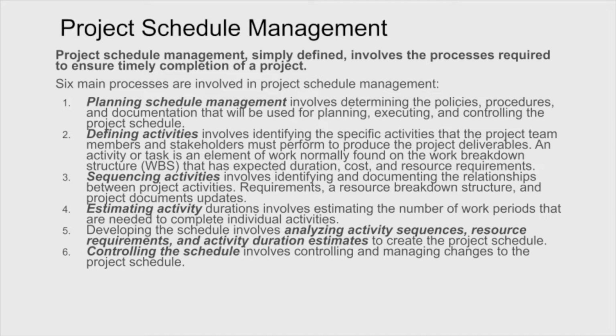So these activities need to be thought about in terms of how long it's going to take to do them. Fifth, we're going to develop a schedule, which involves analyzing activity sequences, resource requirements, and activity durations. And this is used really to create the project schedule.